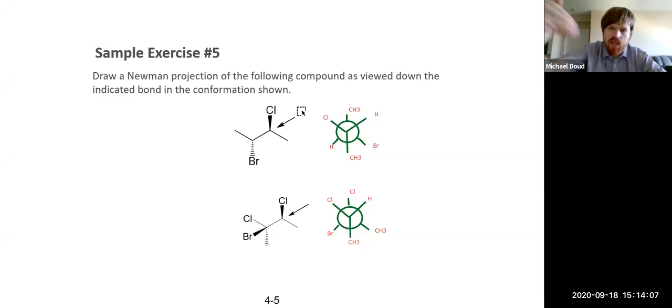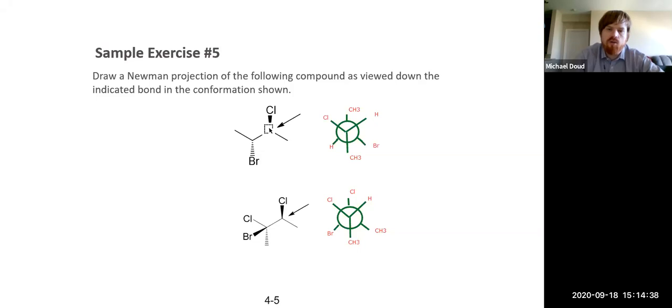So now if we're looking at it from this angle over here, if we imagine this in 3 dimensions, so we rotate it out towards us, or we put ourselves in that perspective, well, carbon 1 here, it's bonded to a chlorine, and it's bonded to a methyl group, and then there must be a hydrogen as well. This methyl group, as we're looking at it over here, is going to be pointing straight down because that's in the same plane as the carbon 2, carbon 3 bond.